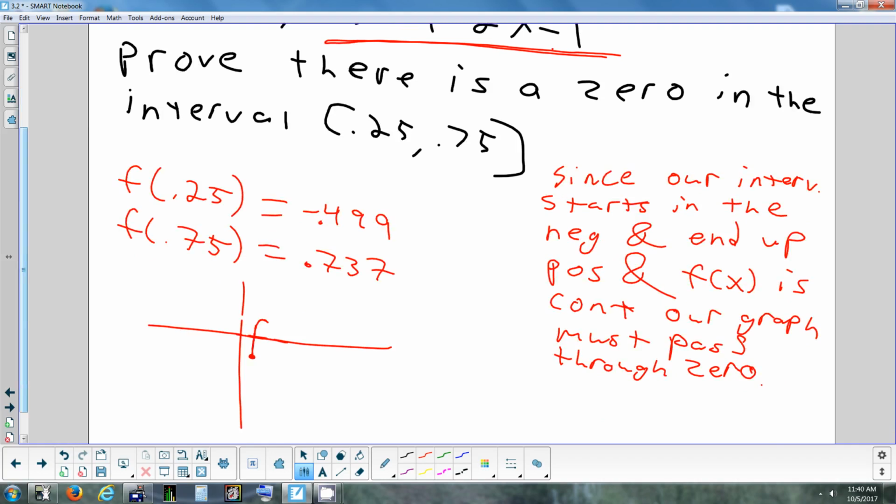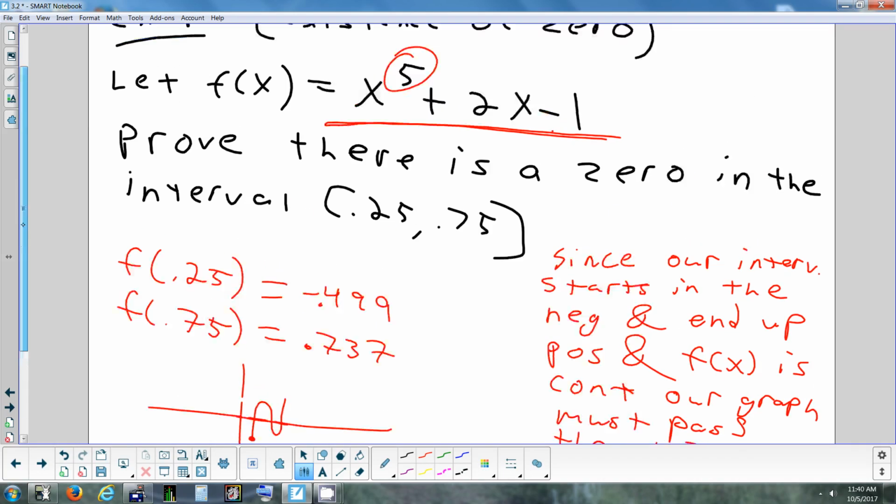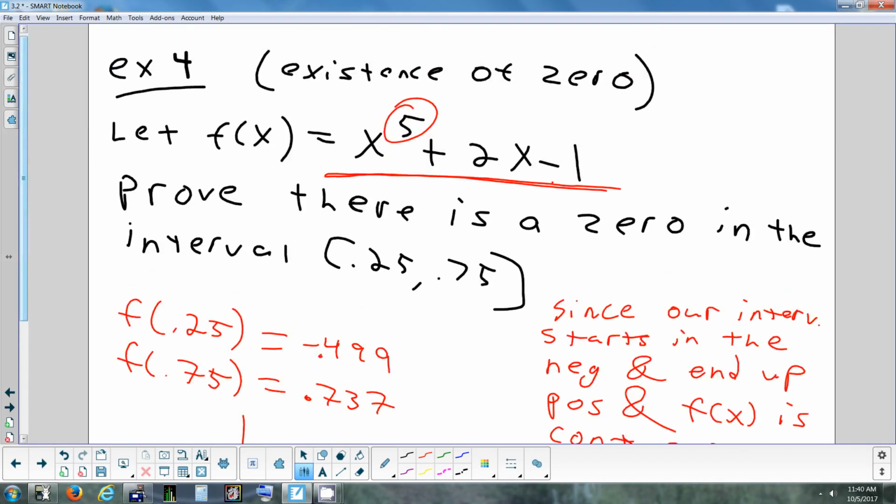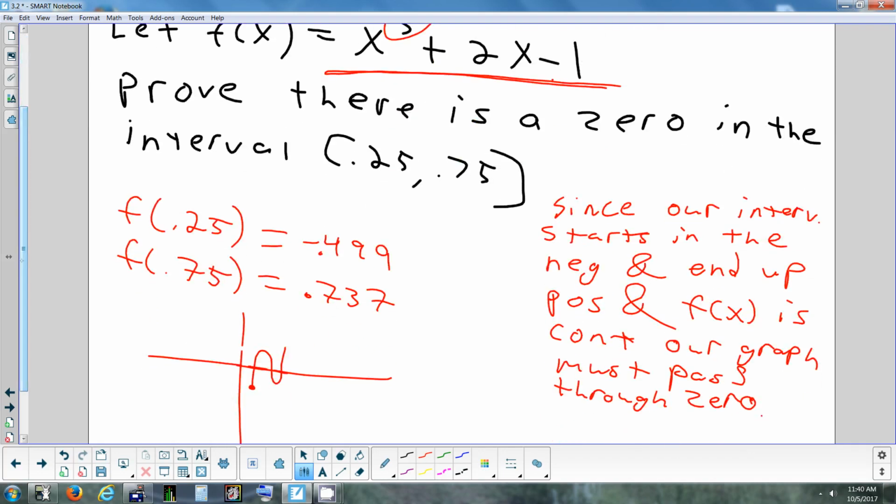Maybe it goes positive, negative, positive. Maybe it does something like that. I don't know if it crosses more than once, but if it's going to go negative to positive, it has to cross at least once. So we proved that there must be a 0 in that interval. Okay. Any questions on that one?